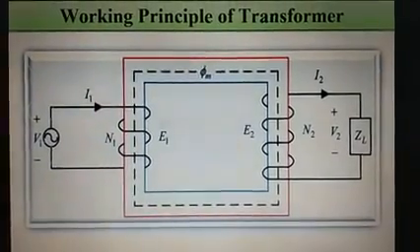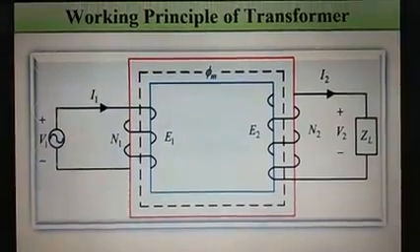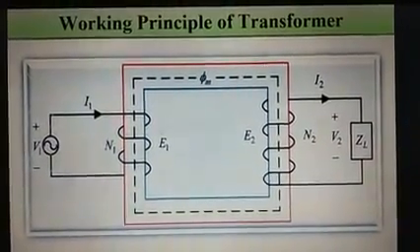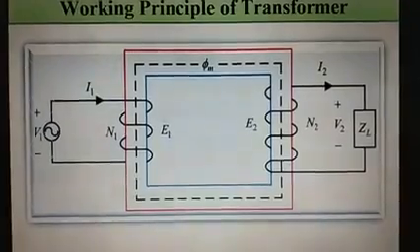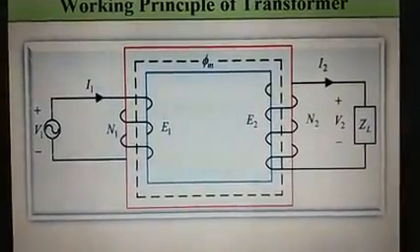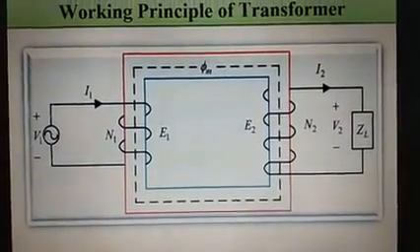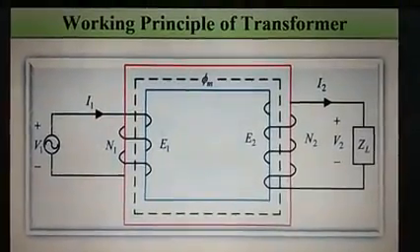Here the AC source is V1 and load is ZL. An AC current flows in the primary winding when it is connected to an alternating voltage source, here V1. So due to V1, AC current I1 will flow in the primary winding.